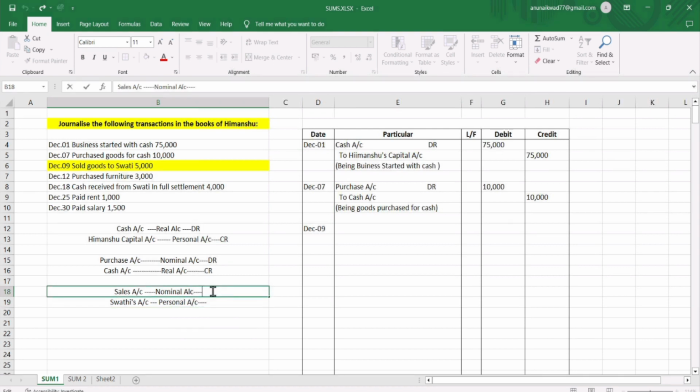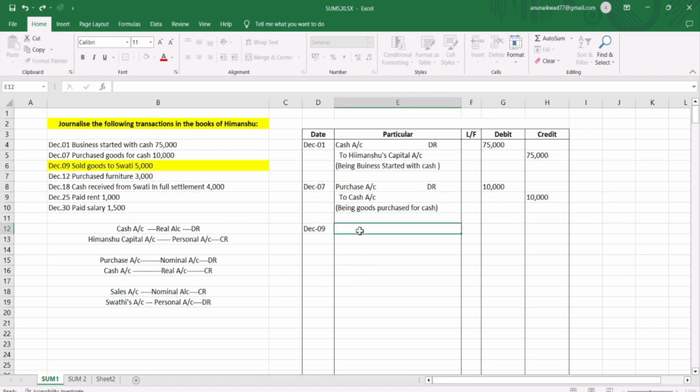Okay, sale. What is our sale from nominal account point of view? Debit all expenses and losses, credit all incomes and gains. So our sales are always credited. Correct? Who is Swati for us now? Debit the receiver, credit the giver. Since for Swati we are selling the goods, from the business point of view she is receiving the goods. So she is debited, her account is debited.